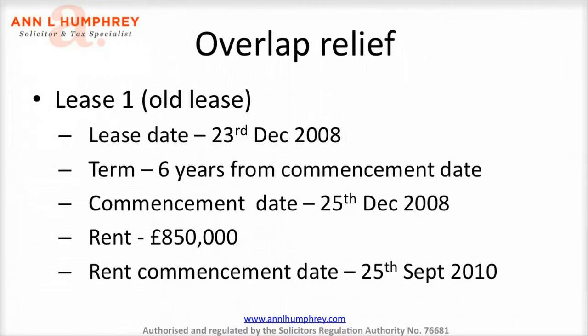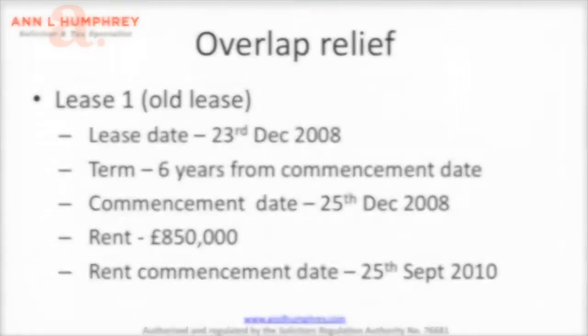In our example, we will be using the following figures. For Lease 1, which is the surrendered lease, we have lease date of 23rd of December 2008, term of 6 years from commencement date of 25th of December 2008, rent of £850,000, rent commencement date of 25th of September 2010.